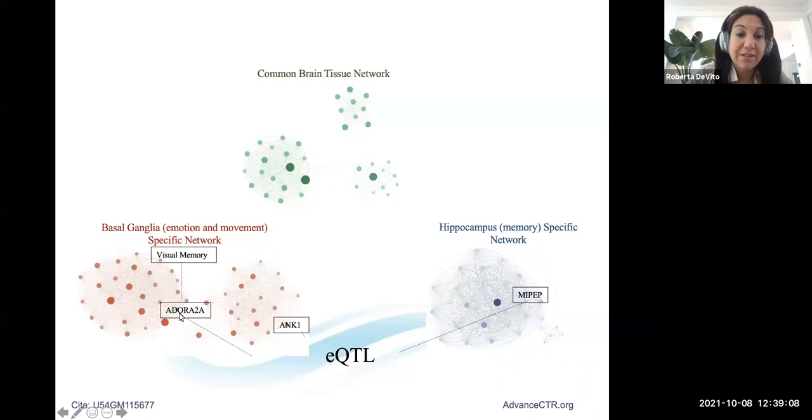The first is this gene called ADORA2A, that is related also to visual memory. The second, associated to the SNP, is connected to Alzheimer's disease. And the third one is MIPE, that is related to depression.